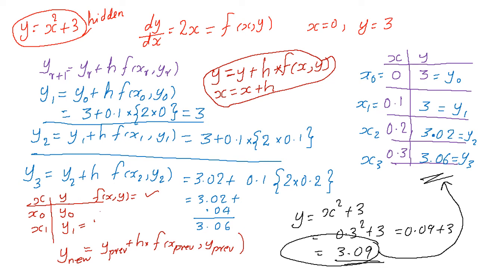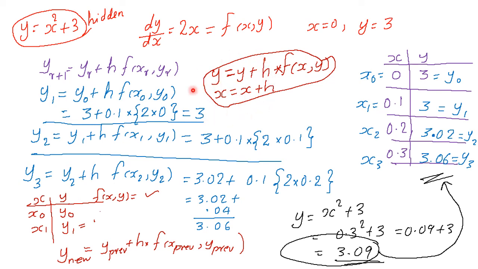So you will be having an initial value for x and y. Then you will be given a function f of x, y, or we will define a function f of x, y. So that means f of x, y is known, h is known, y is known, as well as x is known. So starting from that value, we repeatedly do these steps to calculate the new value of x and y.